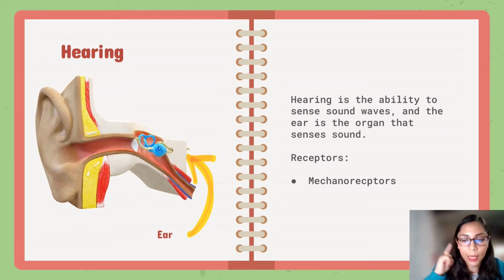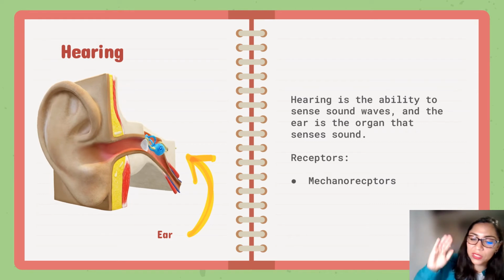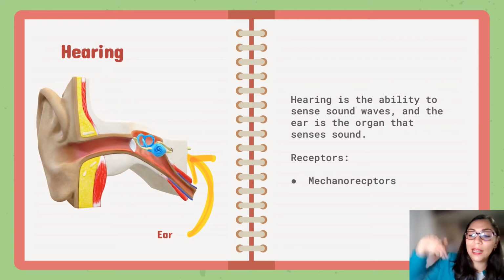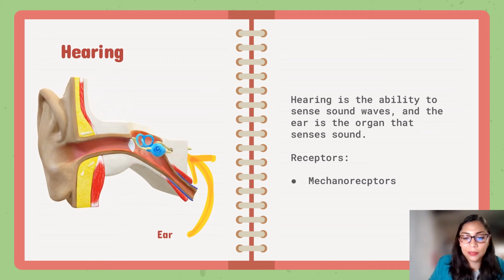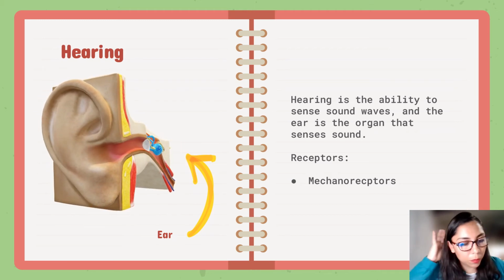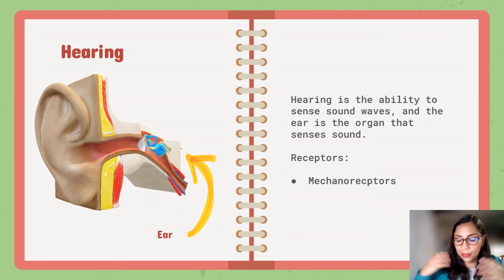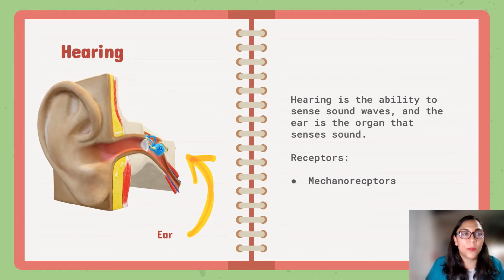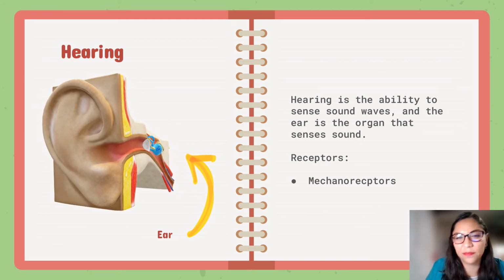Inside of our ear, we're going to find mechanoreceptors that perceive that vibration, those waves produced by the sound. Then they send the information to our brain by signals called nerve impulses, and in this case we can listen to the sounds to understand what is happening.